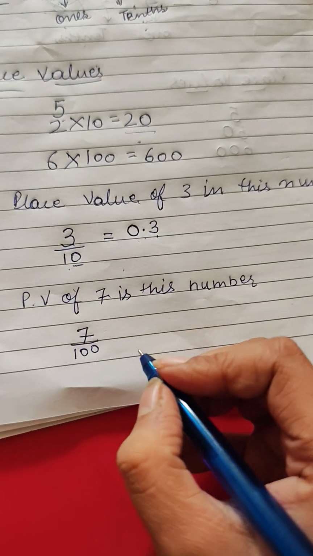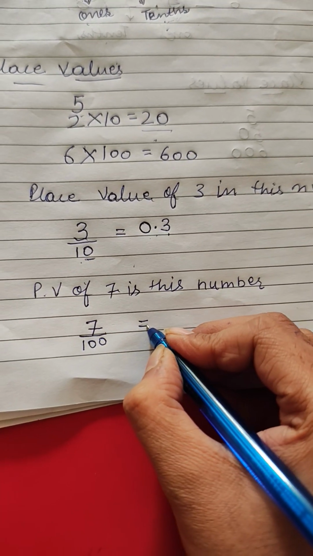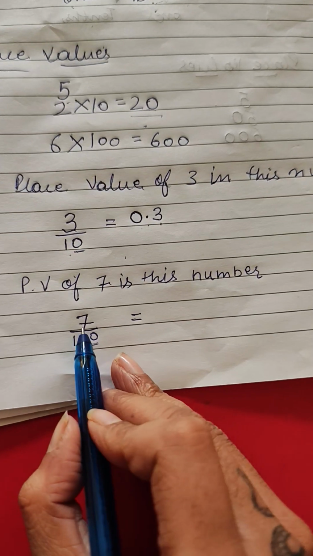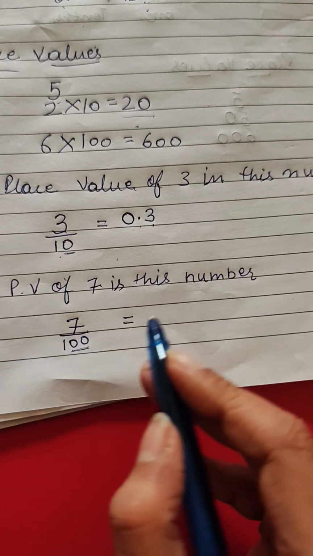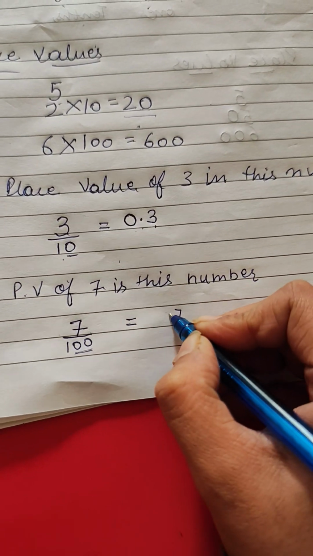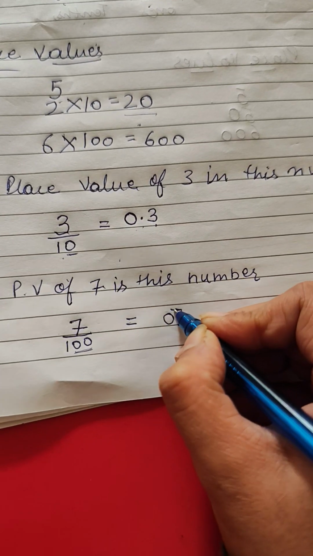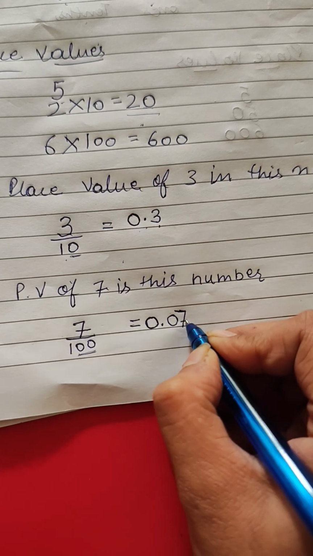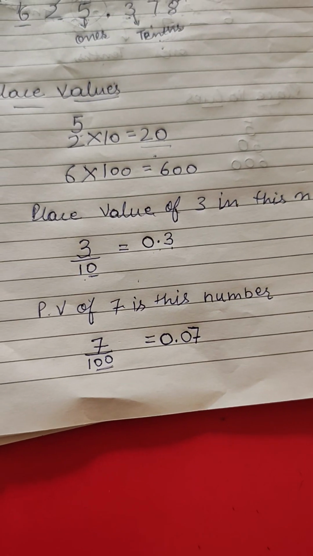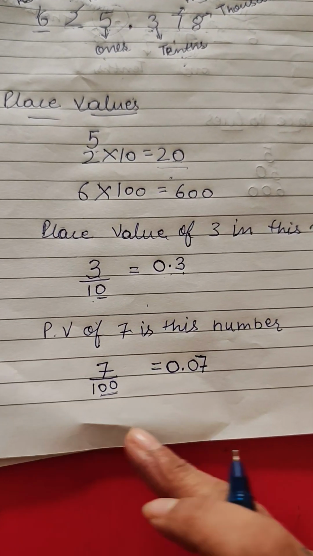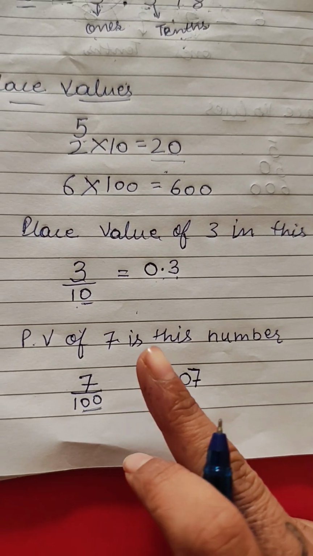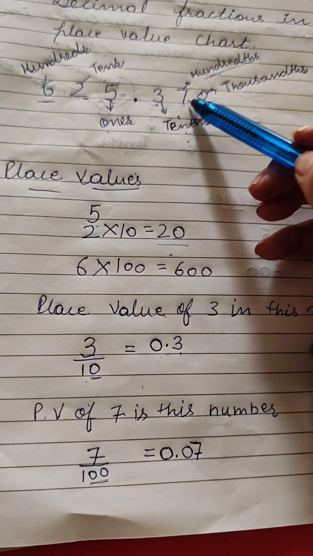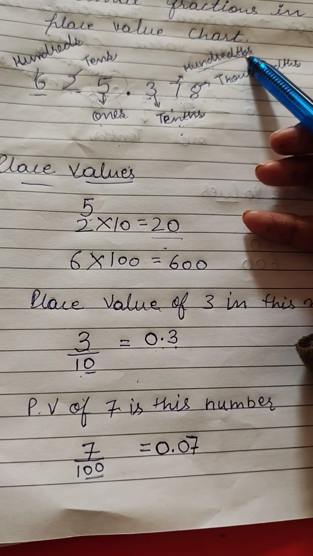This is the fraction form and we have to convert it into decimal. So we all know कि नीचे 2 zeros है तो ऊपर भी 2 डिजिट के बाद ही डेसिमल लगेगा, like 7, और एक और डिजिट नहीं है तो we have to put 0 and then decimal and then 0. ये आप सभी को आता है। Okay, so converting fraction into decimal, the place value of 7 in this number is 0.07 because 7 comes on the hundredths place.